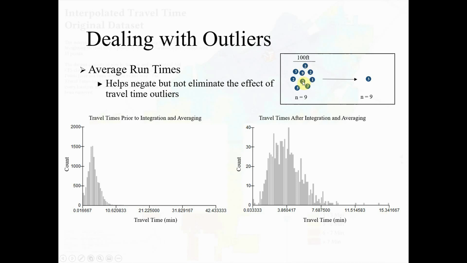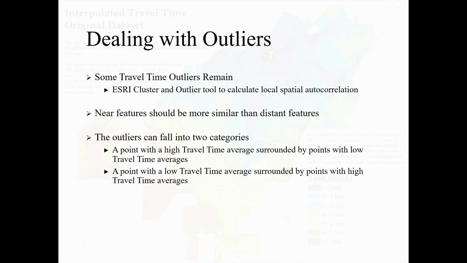You get rid of this 9. And when you look at the histogram prior to integrating and averaging, you see these high values, 20 minutes, 30 minutes, 40 minutes. But after the integration and averaging, the highest you have is 15. So you do away with those really extreme values, but you're still left with some high values in the 10 to 15 minute range, which are still outliers.